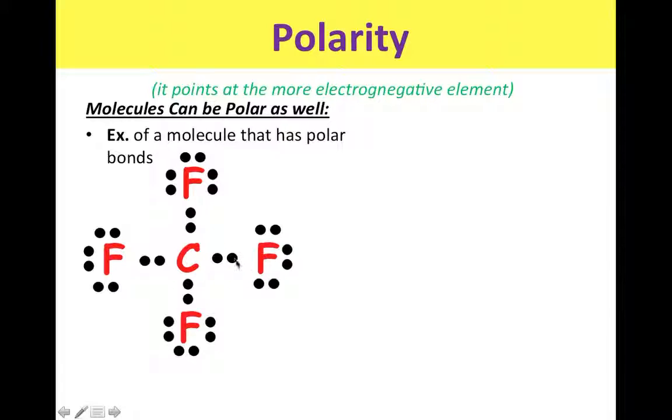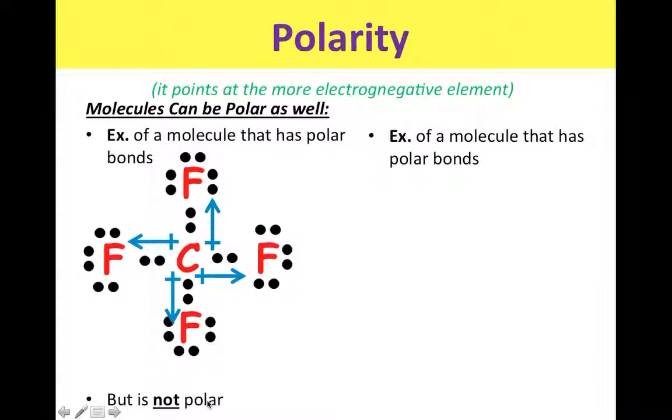So the electron's going to spend more time around the fluorine. So here I show the direction of the bond with a positive where the carbon is and negative towards the fluorine. And I do that for all the bonds. Okay. However, this molecule is not polar. Okay. So let's take a look at another one.